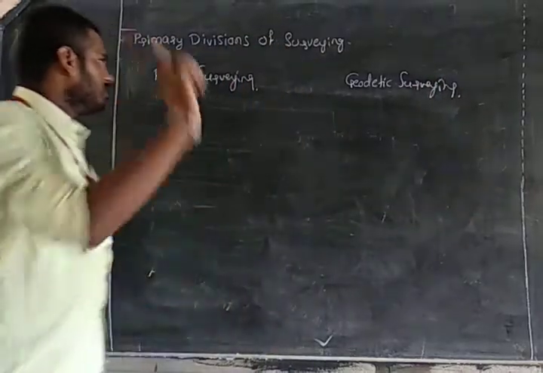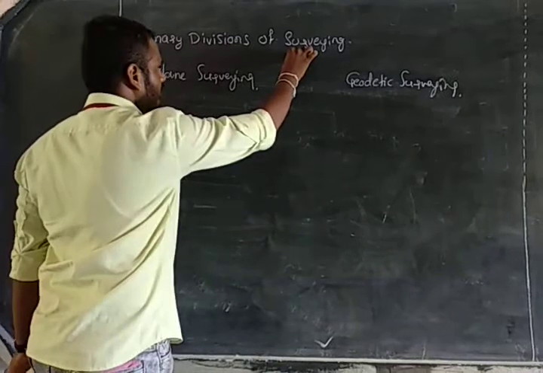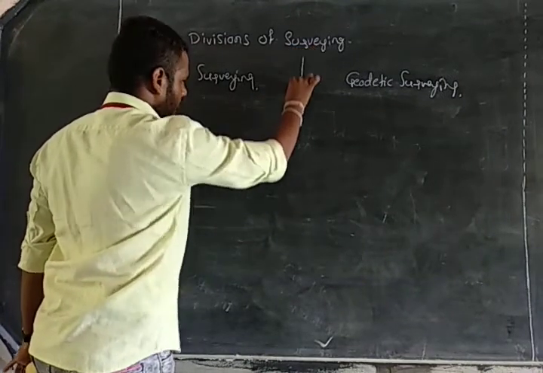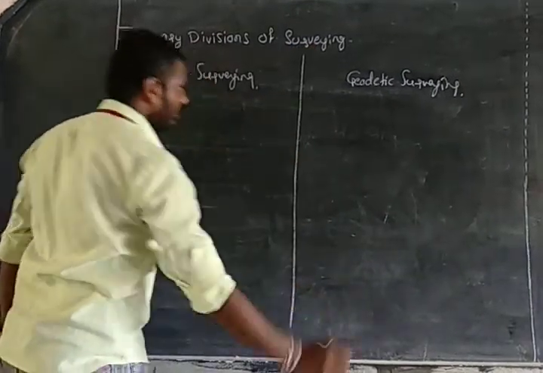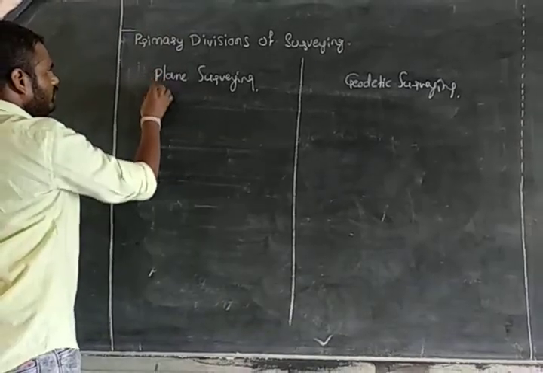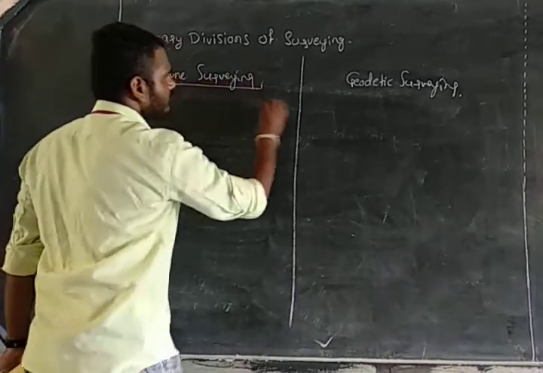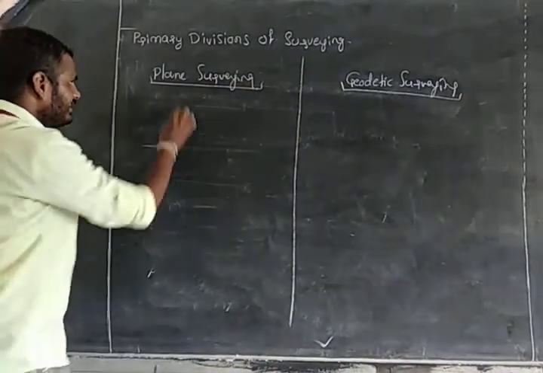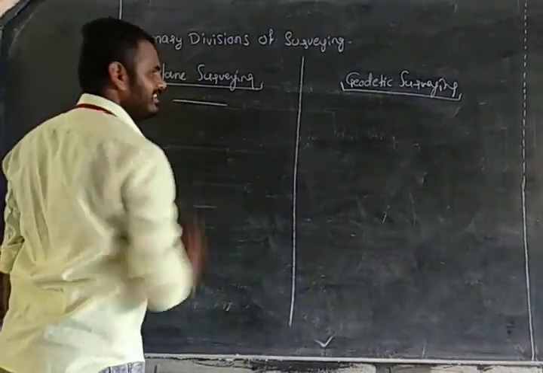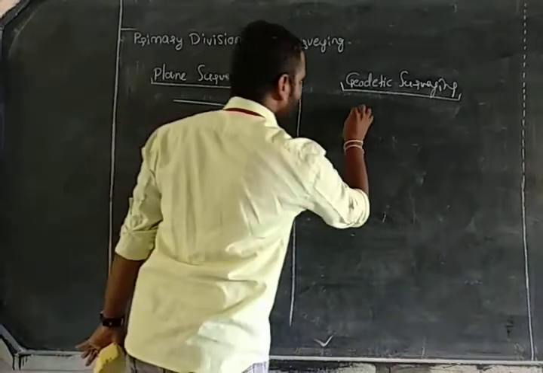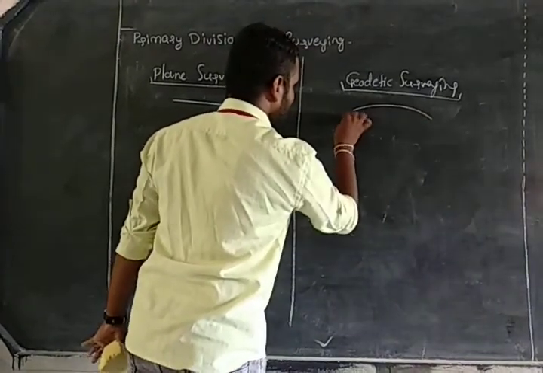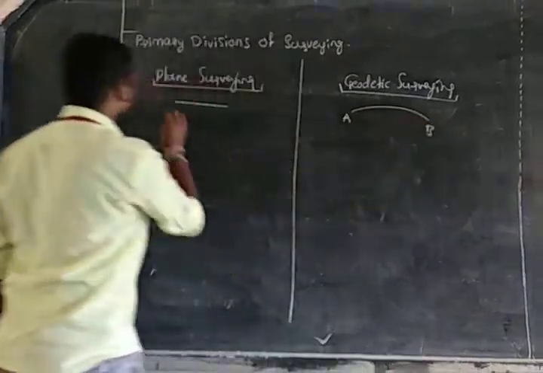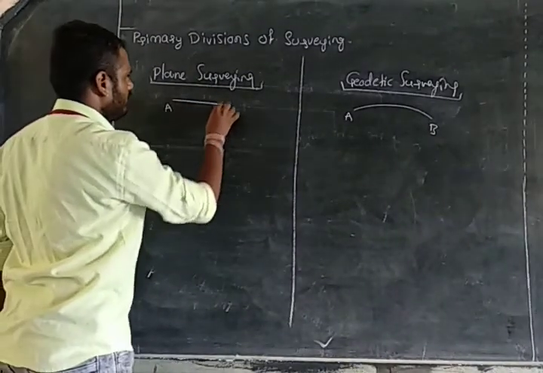You must remember that if you want to differentiate any two things, first we should know the basic concept of what is geodetic and what is plane. As we discussed, here the ground is straight, here the ground is curved. Let us take point A and point B.